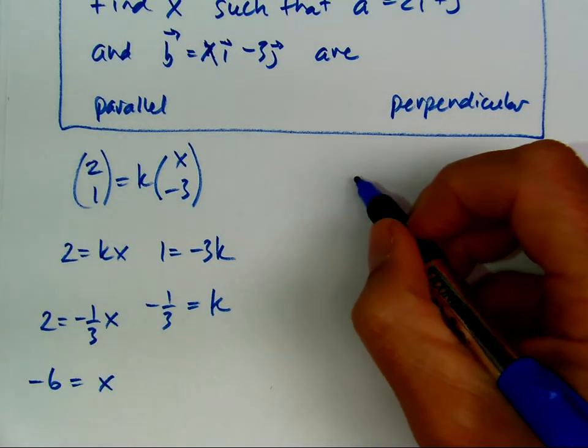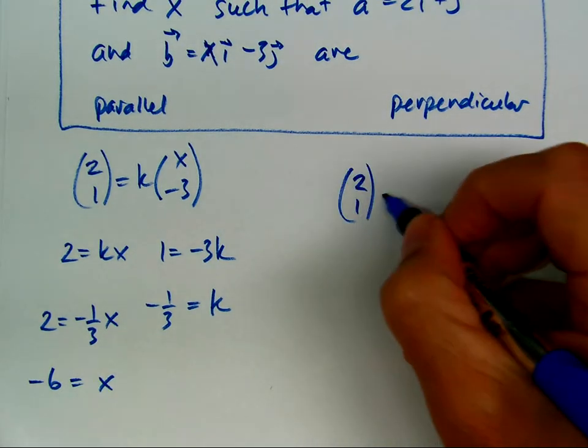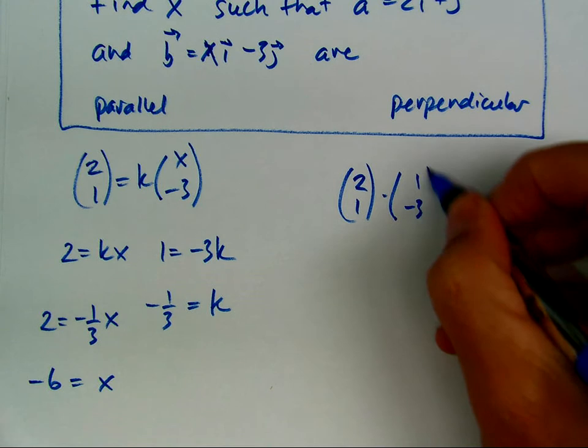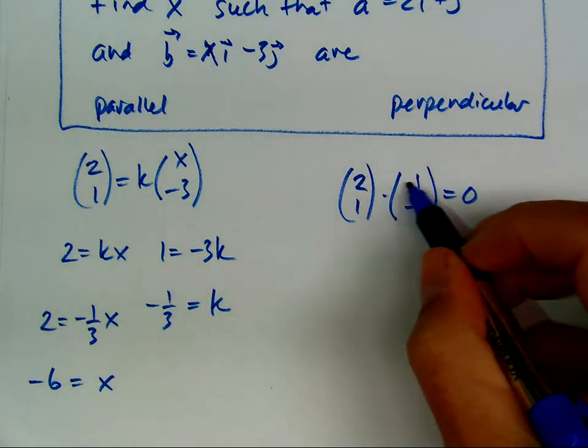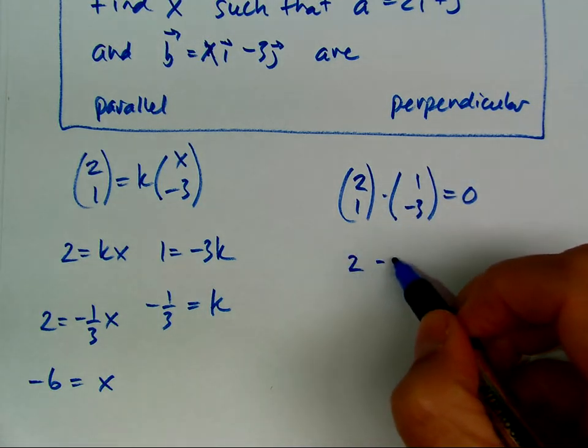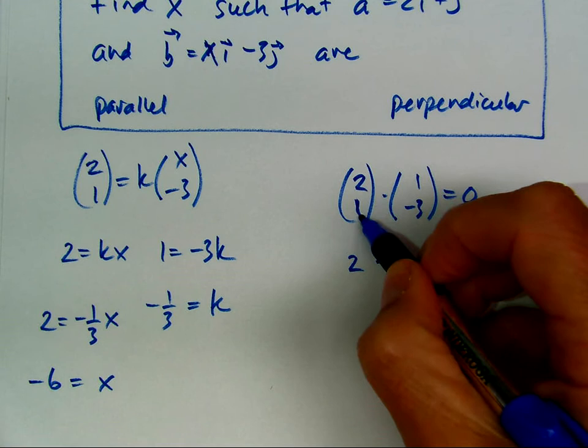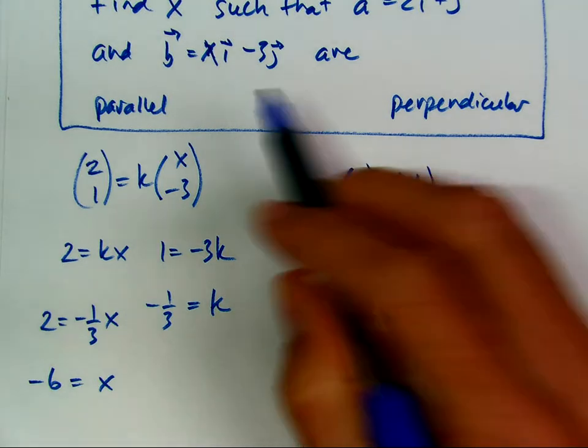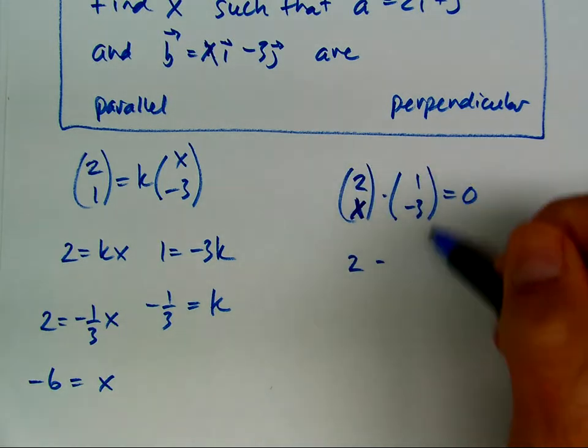And they are perpendicular if their dot product is 0. So we just have 2 minus, whoops, that's an x. That's not an x. This is an x.